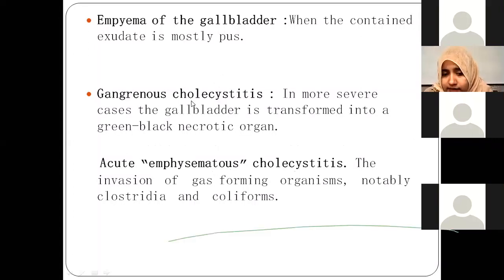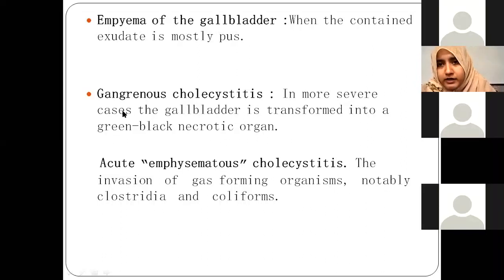So comes the gangrenous cholecystitis. In more severe cases, the gallbladder is transformed into a green-black necrotic organ. That means the inflammation has reached that intense point that the cells have gone into necrosis and it has turned green-black. Now, upon your general knowledge, when gangrene happens, what's the main cause behind it? It's usually ischemia.